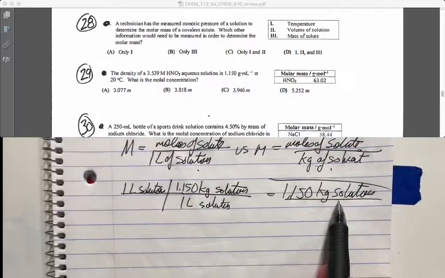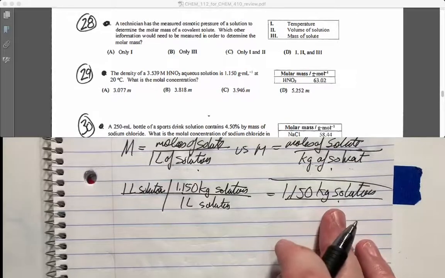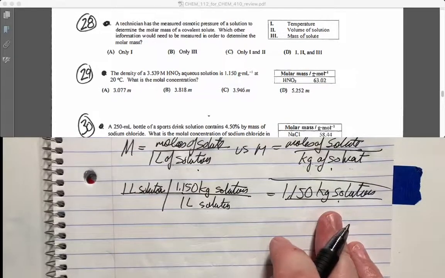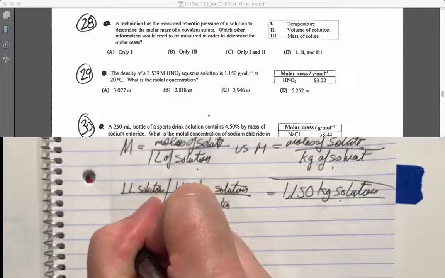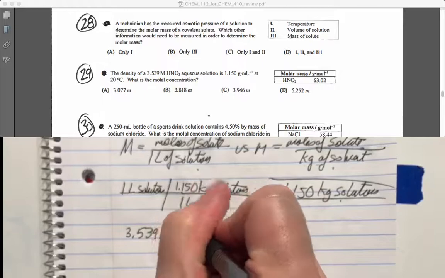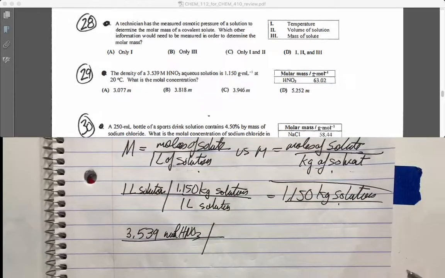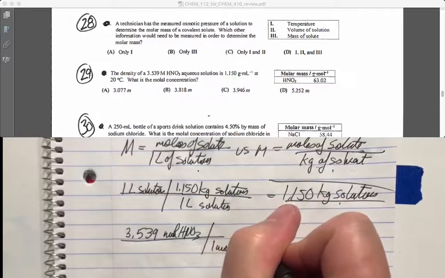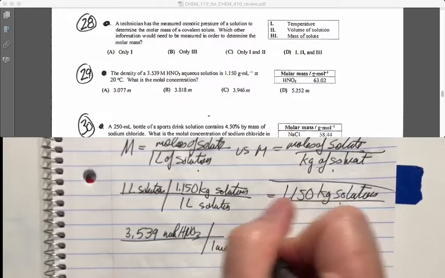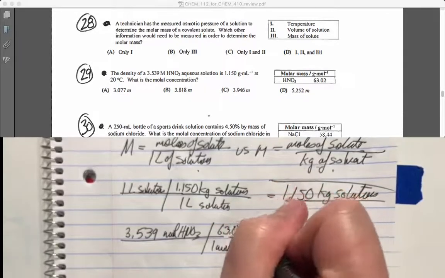And remember those solutions still, it's two components, the solute and the solvent. So we need to figure out how much solute is in there so we can subtract it out. And so we've got 3.539 moles of HNO3. They've kindly given us the molar mass. 1 mole HNO3 is 63.02 grams.